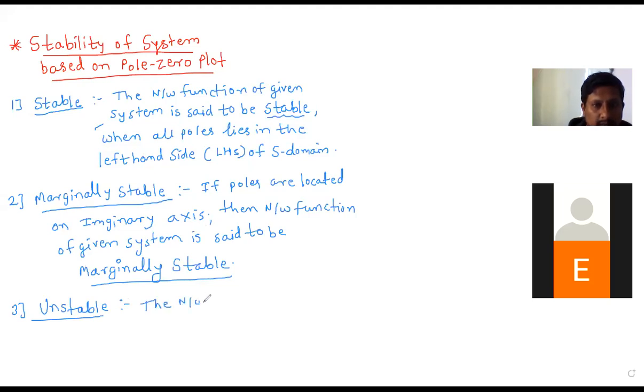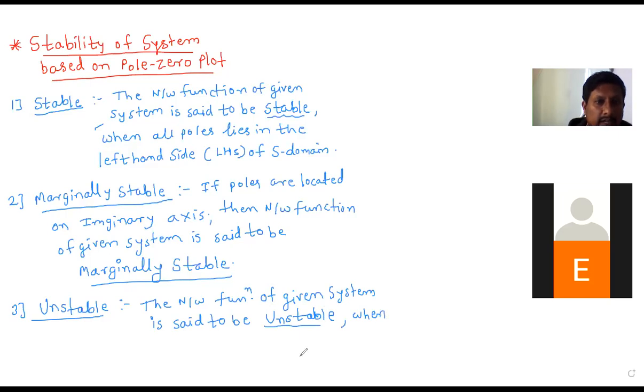The network function of the given system is said to be unstable when poles lie in the right hand side of the S plane.